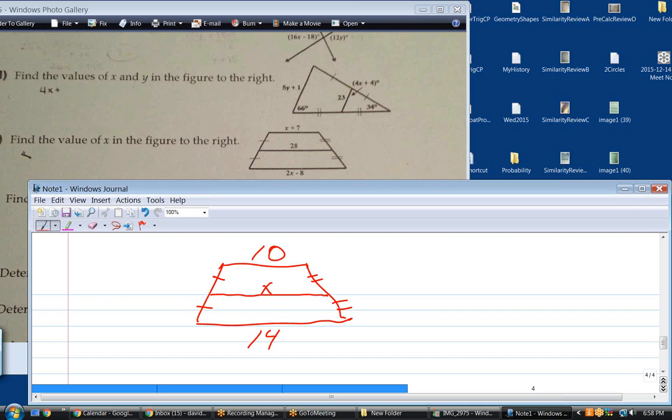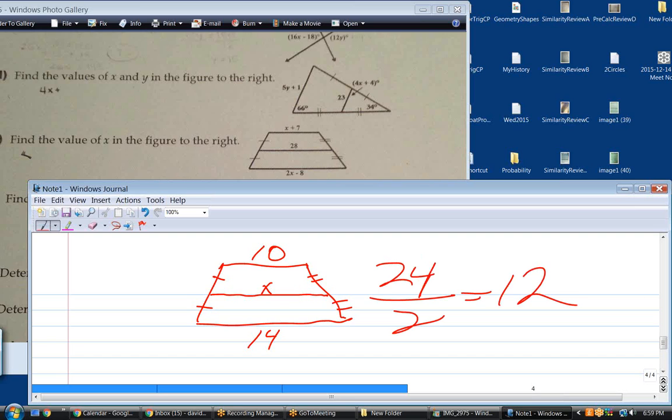It's the average. So what's the average between 10 and 14? 12. How'd you get it? Because it's halfway in between. What it really is, if you add the little base to the big base and divide by 2, you get 24 divided by 2. That's how you really get 12.